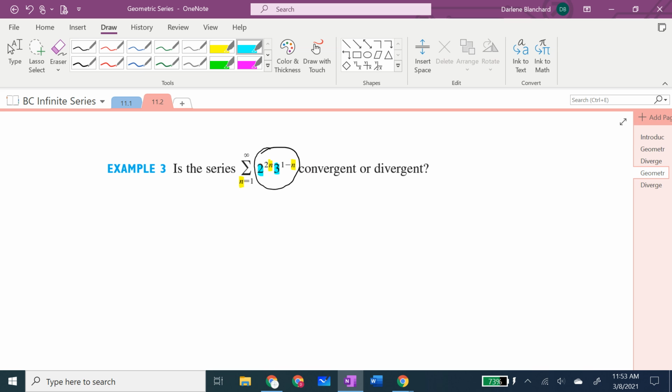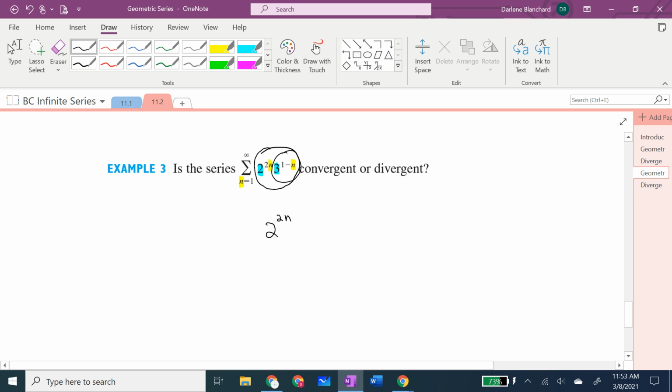And some of you are going to find it quickly. Some of you, it's going to take a little bit longer. That's okay. Whatever you need to do to find it, you don't have to show me how you find the r. This one is tricky. And what I'm going to do is rewrite this formula.